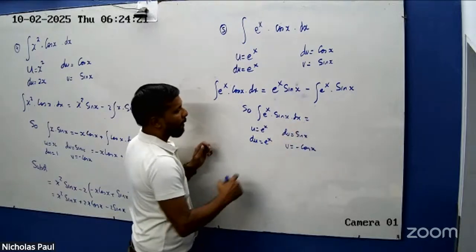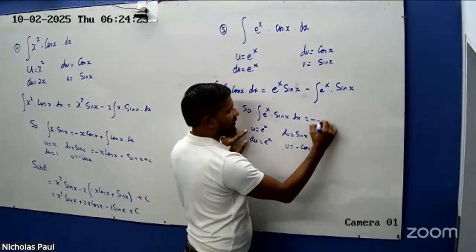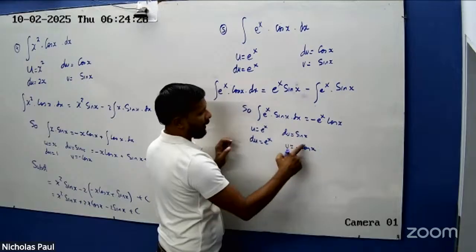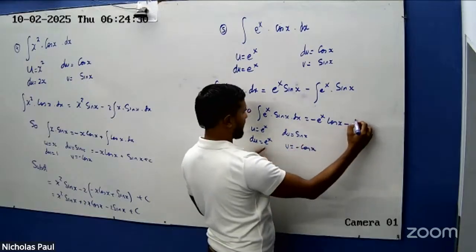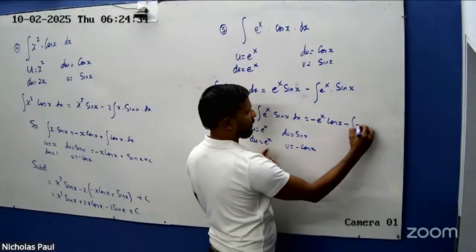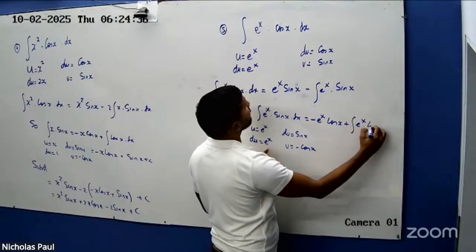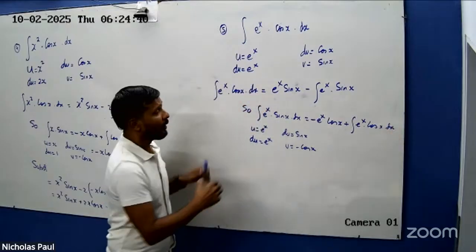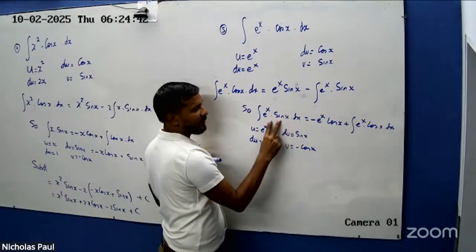And then you work it out, u times v, and minus the integral of e to the x. So when you integrate the sine, you're going to get this.